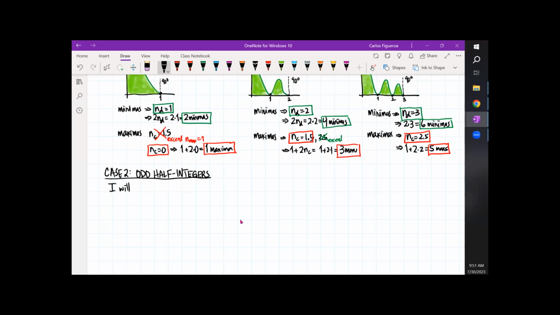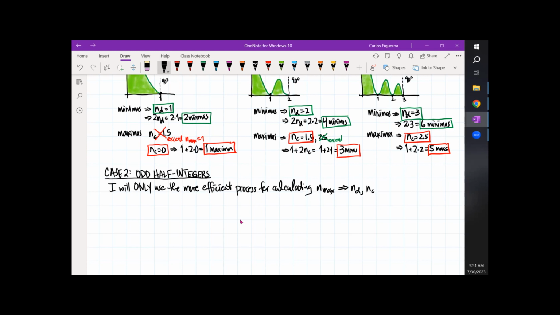I will only use the more efficient process for calculating Nmax, and then from here, that tells us what is ND and what is NC.